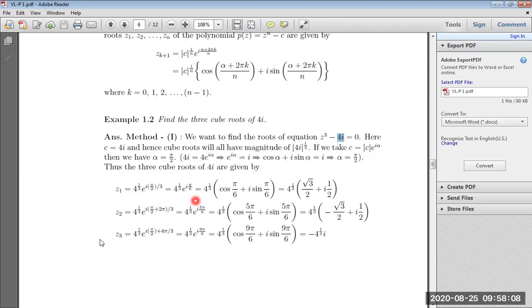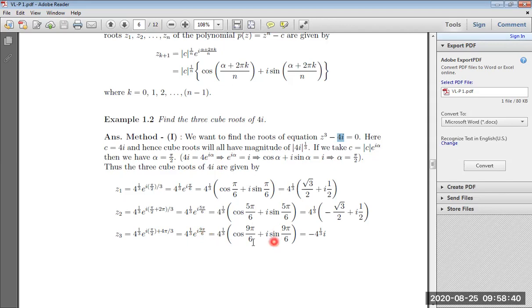Next you take k equal to 2. So that will give you the third root, and again on the same line put the value of k as 2 and simplify here. Alpha is equal to pi by 2. Simplify here, n is equal to 3. That gives 9 pi upon 6. And again use the definition of the complex exponential function e to the power i theta as cosine theta plus i sin theta, and get this.